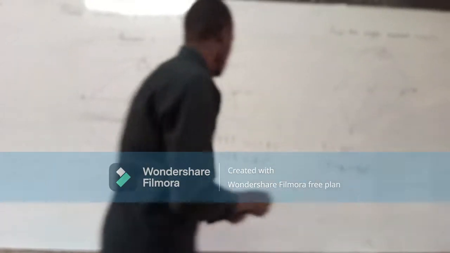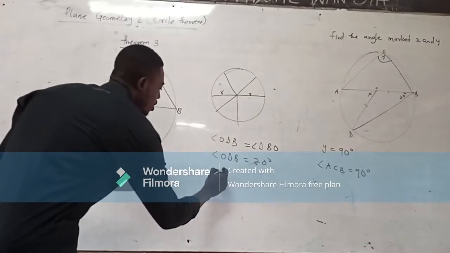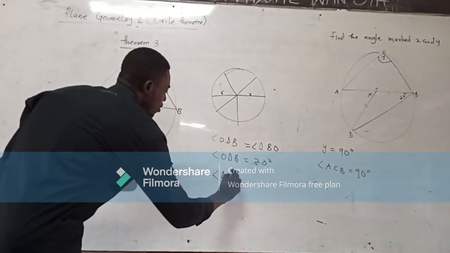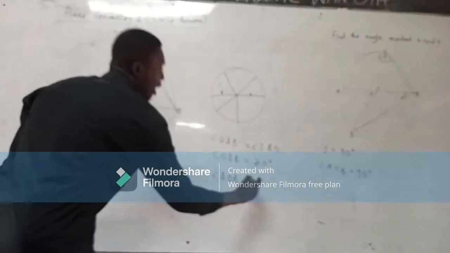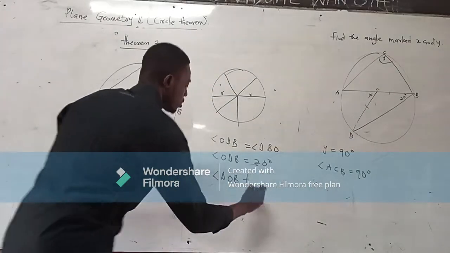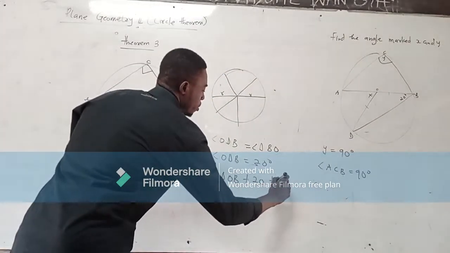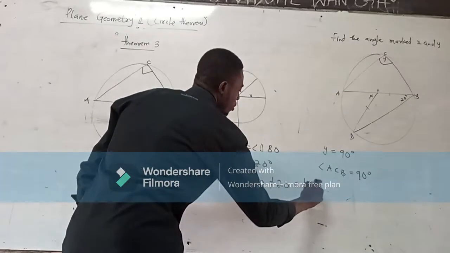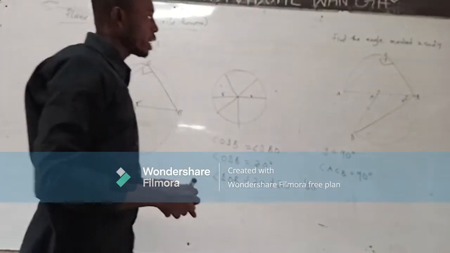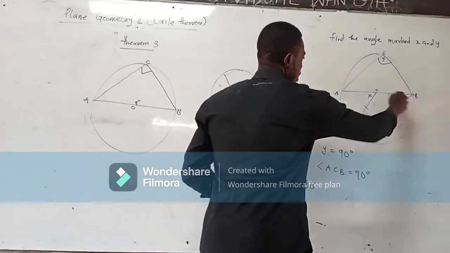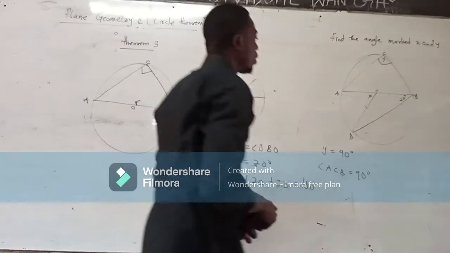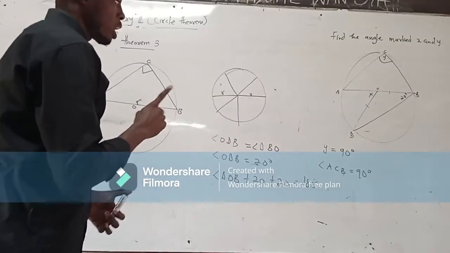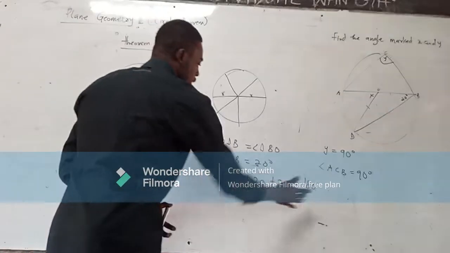ODOB. We know that angle DOB plus this angle that is 20 plus another angle that is 20 here. When you sum them, you get what? 180, because they form angles in a triangle. So when you sum up, you get 180.